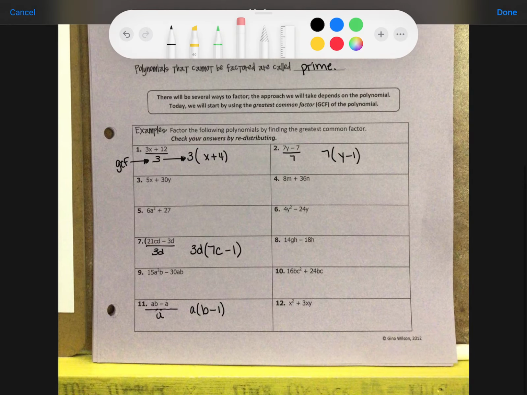So if you will, you have a copy of this worksheet in your email. If you would open that up, and then you can work out these other problems. On the back side, let me show you some problems on the back. You get to see that there are some trinomials here, but we're only going to be looking for the greatest common factors. And again, down here at the bottom, there's a recap for finding the GCF of a polynomial.